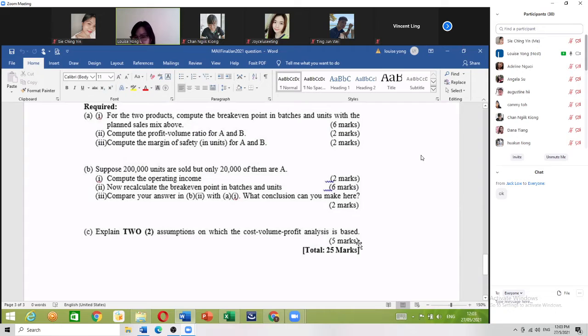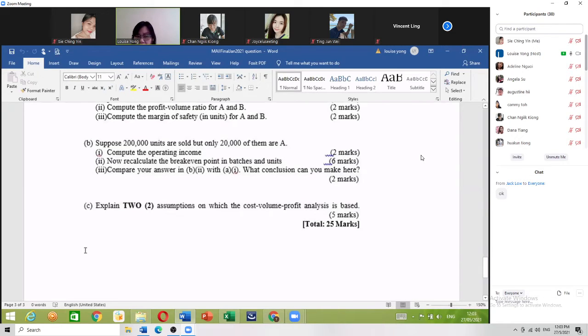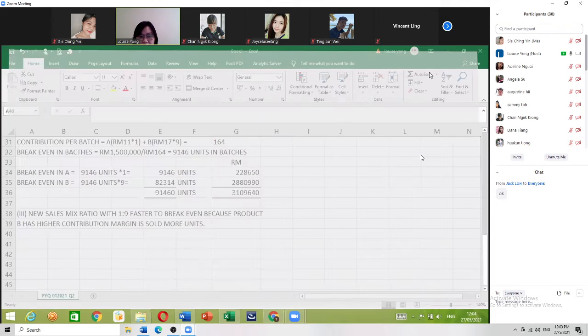Then the second assumption: your CVP model only applies within the relevant range, meaning within the range, your selling price and variable costs remain constant or unchanged. But beyond your relevant range, all these costs will become inaccurate. So you explain any 2 of the 7 assumptions and that is OK.